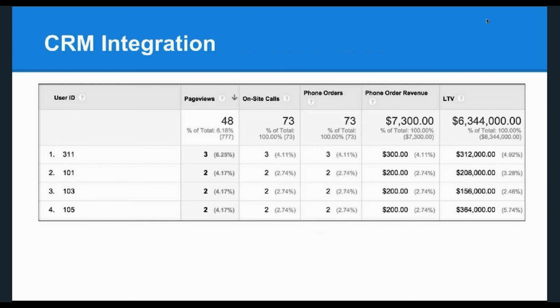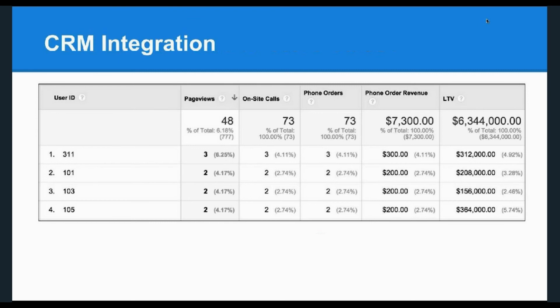And so here we can see we are integrating our CRM system with Google Analytics, and we can have user ID. We see page views, the number of pages that user looked at on the website. Then we can see if that user completed the actual phone calls that originated after their on-site experience. Then if they've completed any phone orders, and then the amount of phone order revenue.